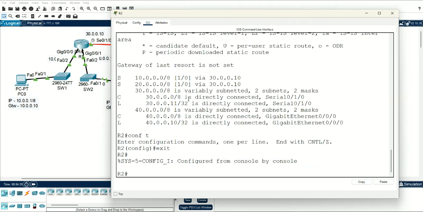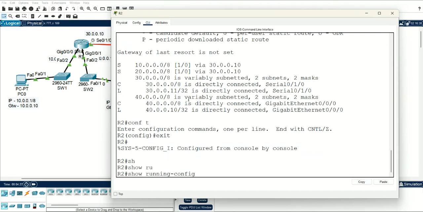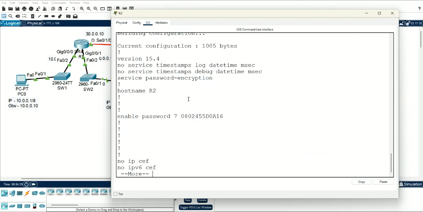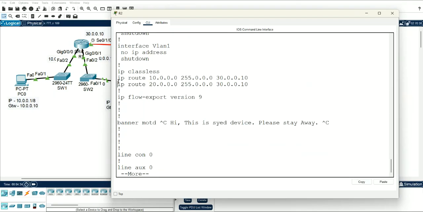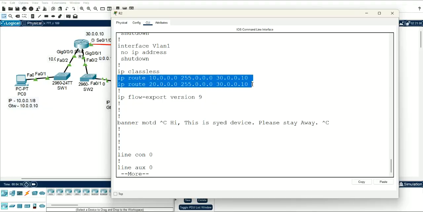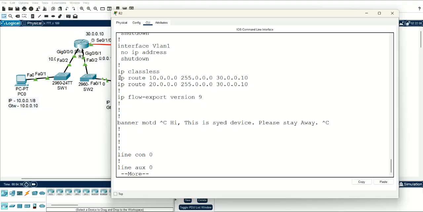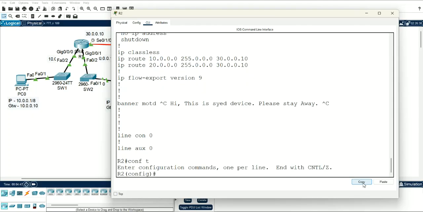You type show running. It will show you all the configuration and you copy what you want to delete, correct? So I'm going to copy this. You see there's a copy button. And then go to the place where you configured, put no and paste it.